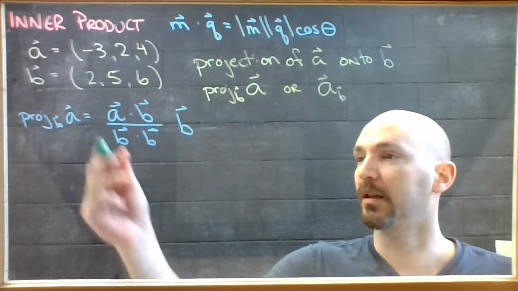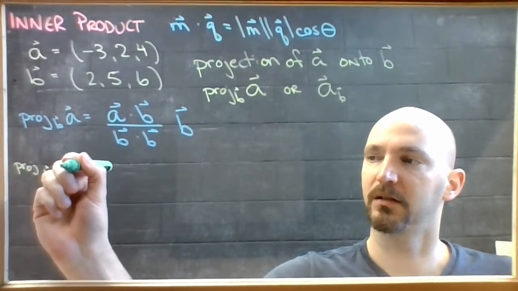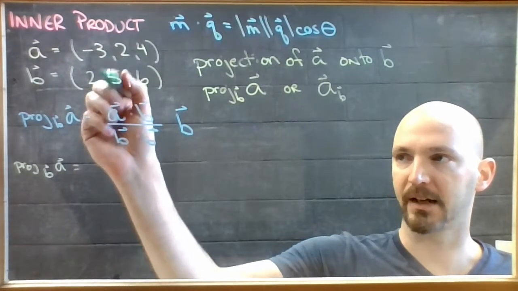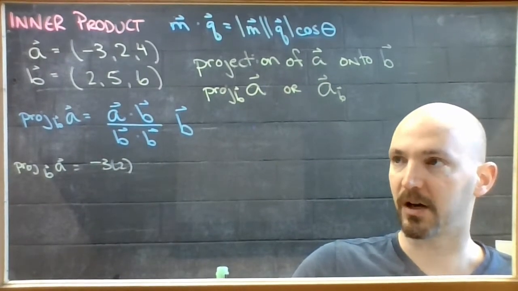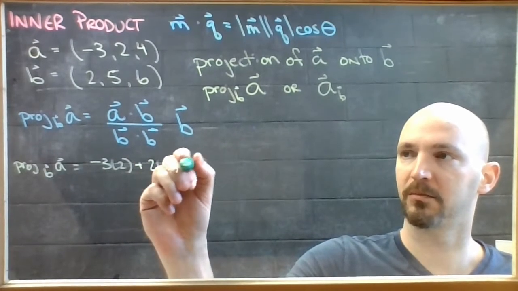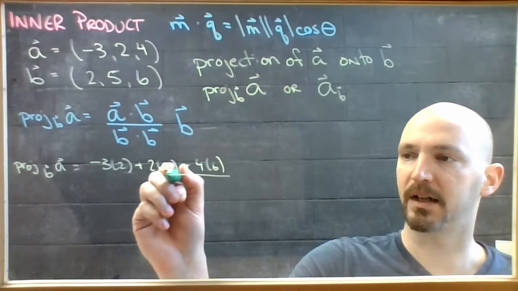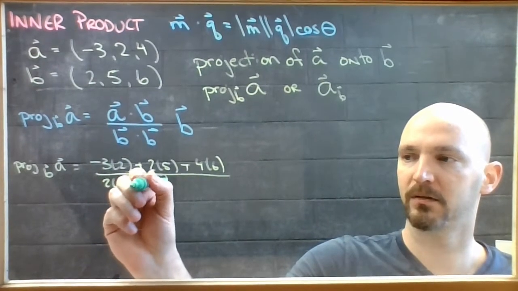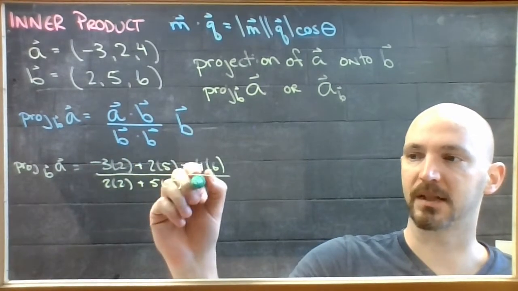So this thing then, the projection onto B of A would be A dot B. So I'm going to take my x times my x, -3 times 2, plus 2 times 5, plus 4 times 6, divided by B dot B. So it'd be 2 times 2, 5 times 5, 6 times 6.